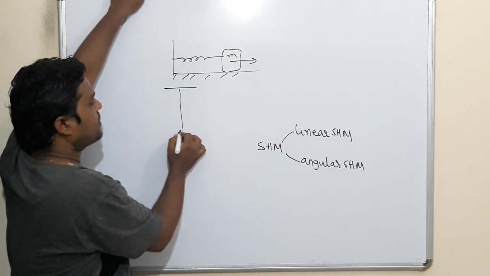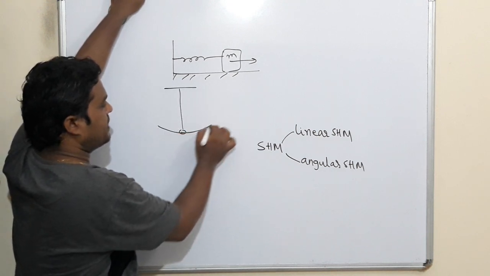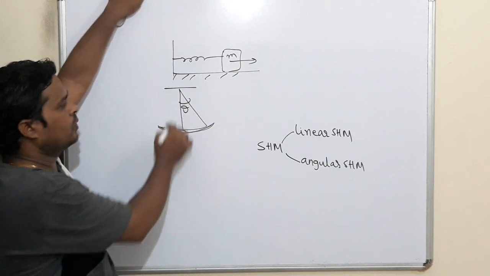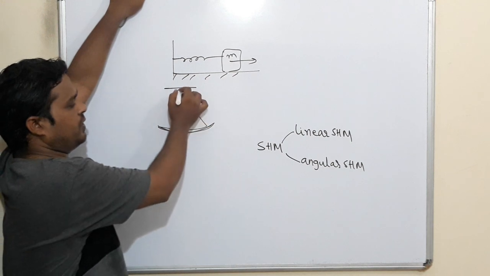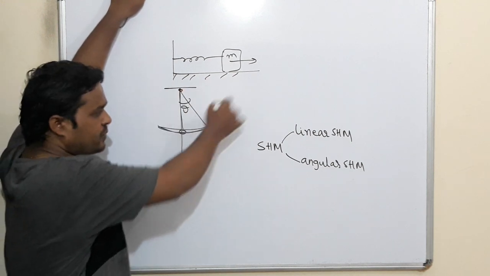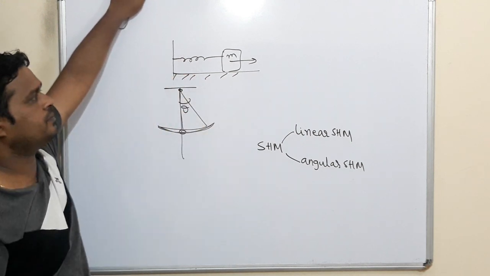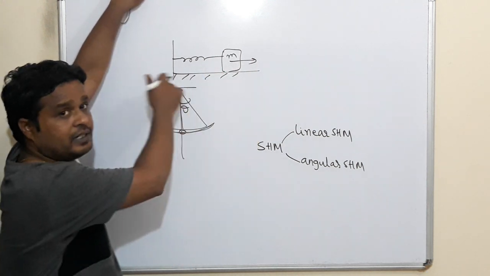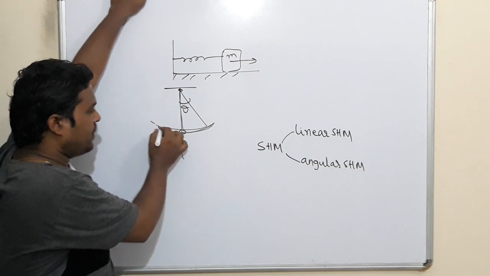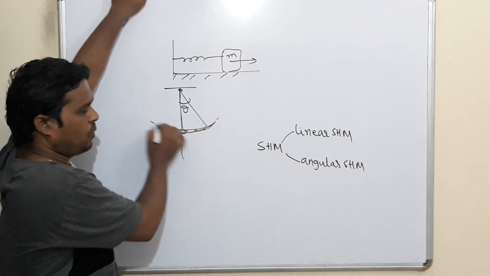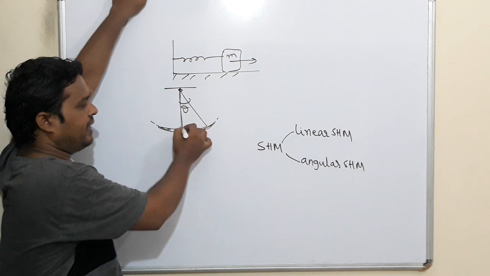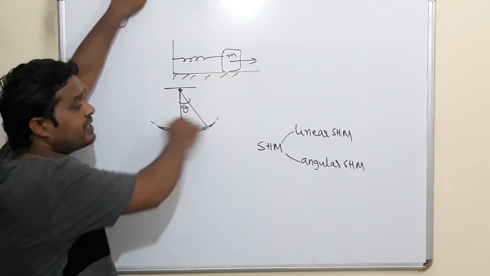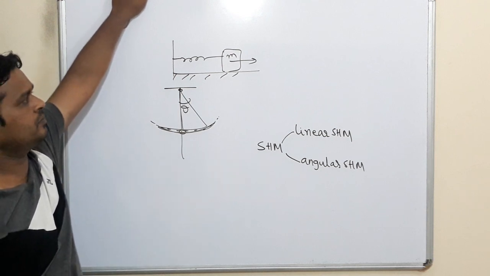If you take the case of a simple pendulum oscillating by making some angle theta with respect to the vertical suspended position, we call it angular SHM. If the particle is vibrating along a straight line, it is linear SHM. If it is vibrating in a circular path, making some angle theta with the vertical every time, we call it angular SHM.